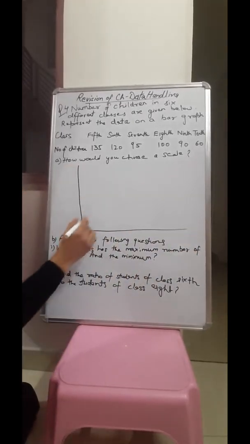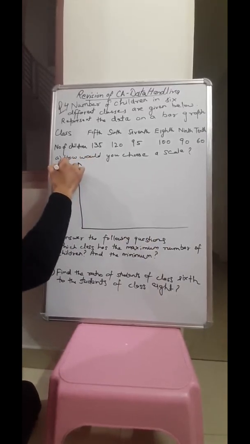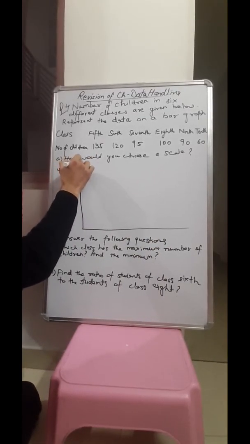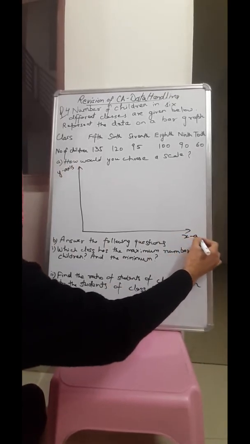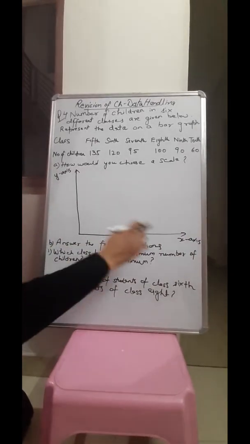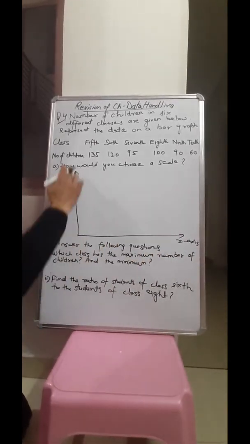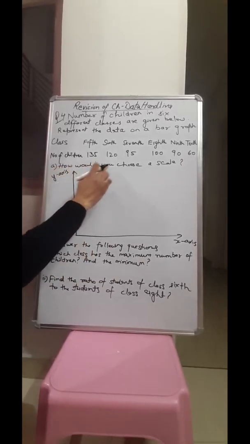This is your vertical and this is your horizontal. The vertical line you can take as the y axis, and the horizontal line as the x axis. So these are your horizontal line and vertical line. Now they are asking how would you choose a scale.